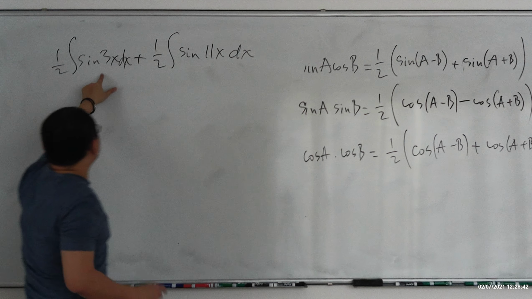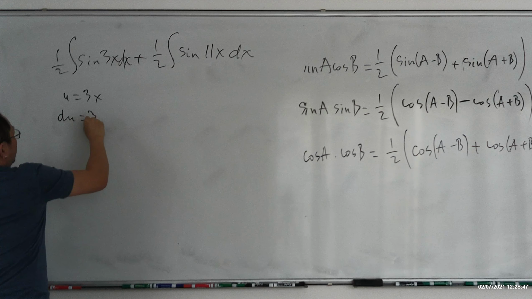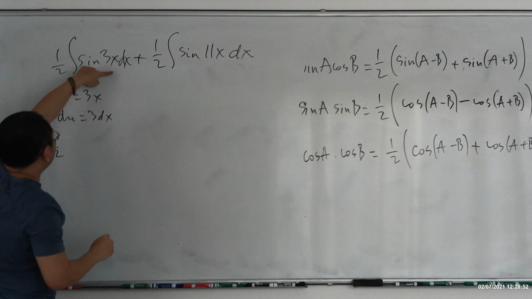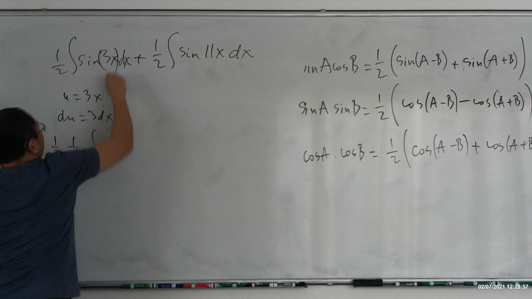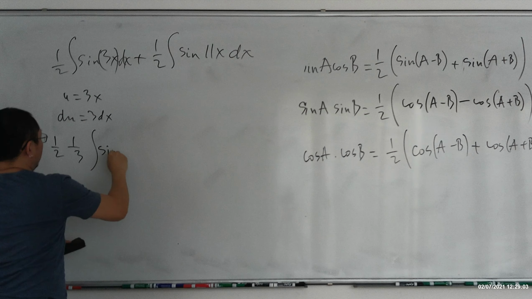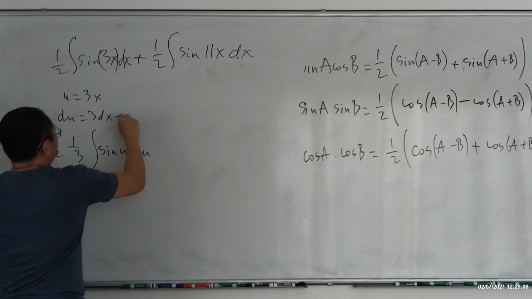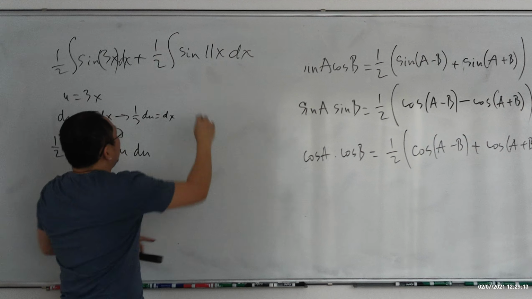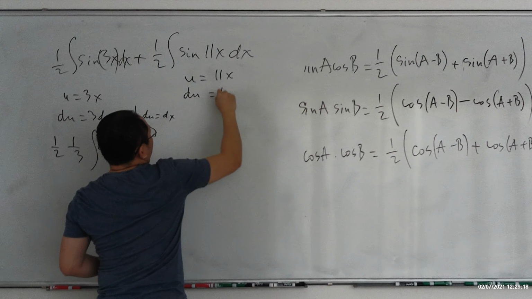Okay, so for this first part, I let u equal 3x. Then du is 3 dx. So this becomes 1/2 in front, and then dx is 1/3 du, with sine u. The second one, I let v equal 11x, and I have dv is 11 dx.